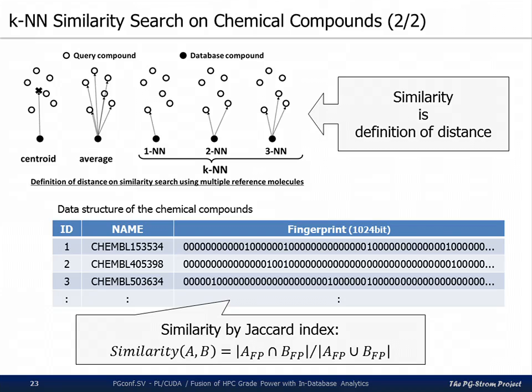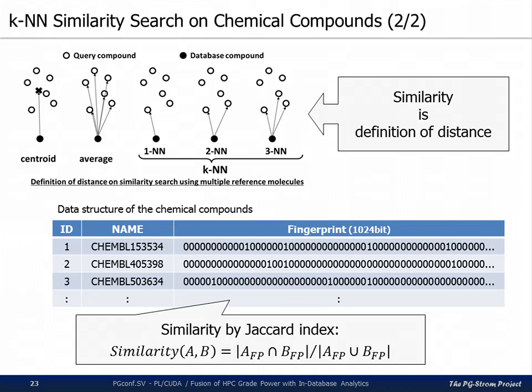And the definition of the similarity we use is the Jaccard index. That is a ratio of the bitmap AND of the fingerprint and the bitmap OR of the fingerprint.